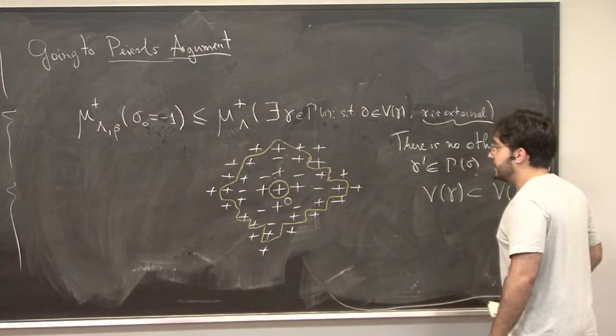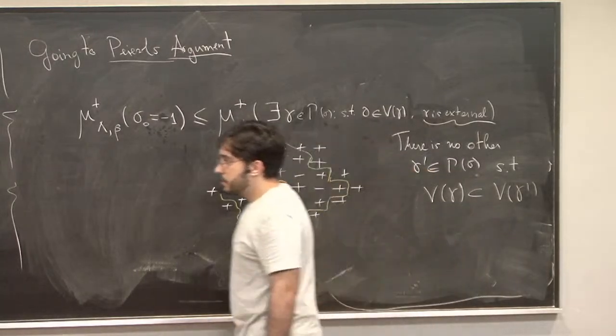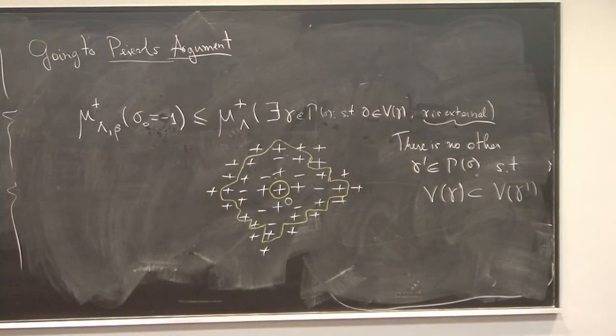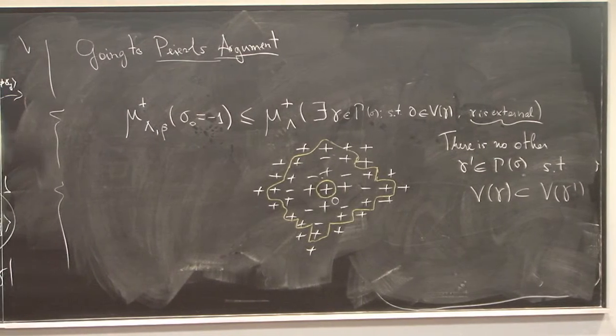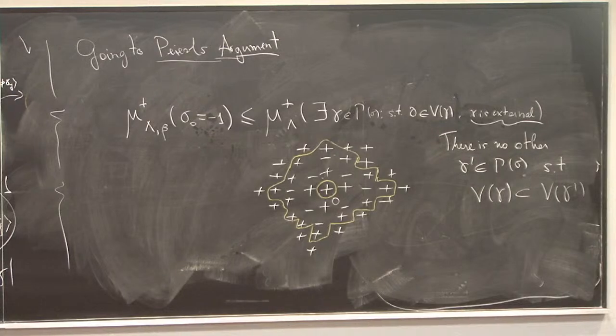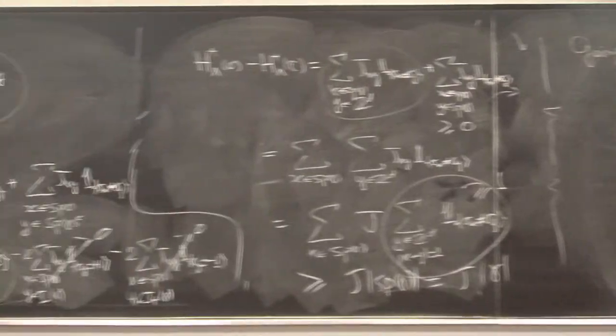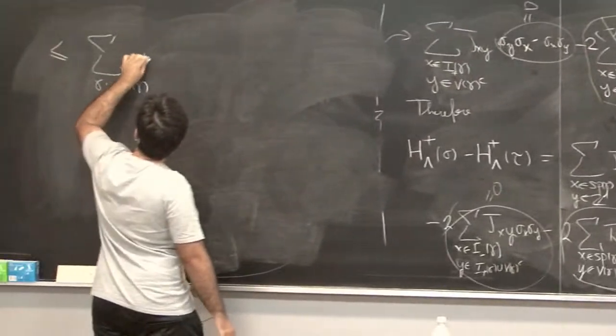The external contours are always plus contours. So, okay, what I will do next is to make a union bound by a sum over all the contours such that 0 is inside V gamma of this probability.